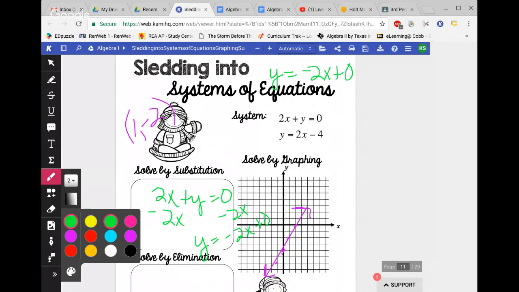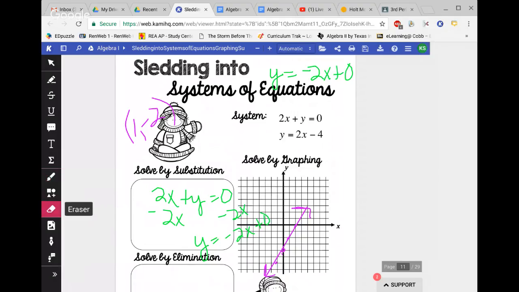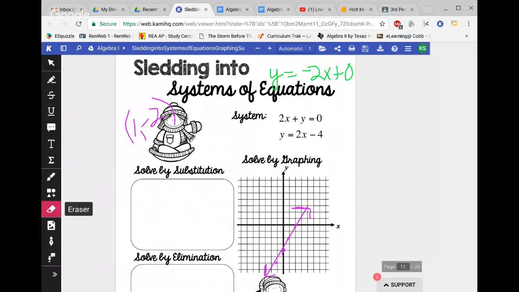Quite honestly, you don't even have to add that plus 0. It could just be y equals -2x. So the y-intercept is technically the origin.